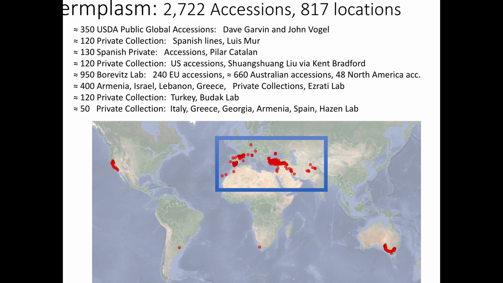So the native range is the Mediterranean, sort of east in Turkey and west in Spain, and depending how you sample, we're starting to learn after years of staring at the data that just collecting on the roadside may not be the best way to get genetic diversity.